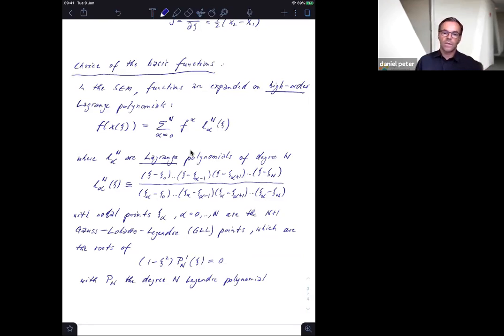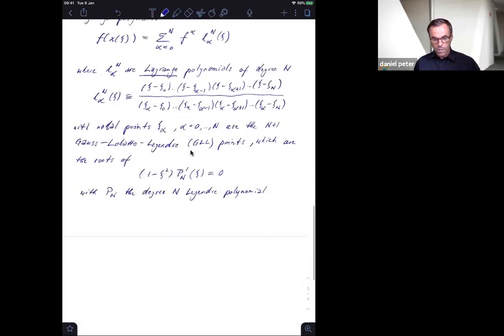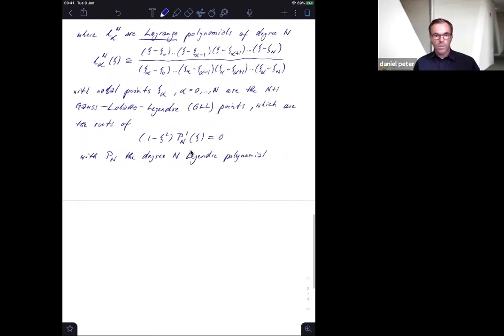And this characteristic equation uses Legendre polynomials. So the easiest way is just to give you a little sketch of where these positions would be and how these polynomials would look like for our reference element.